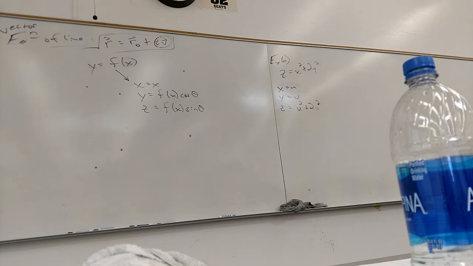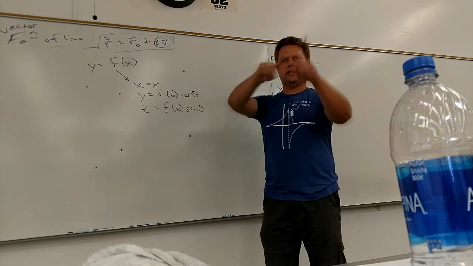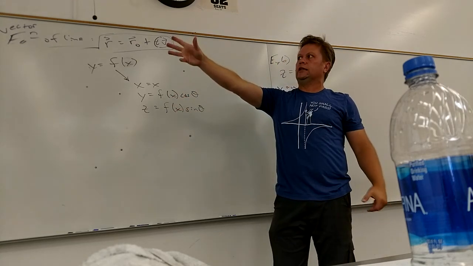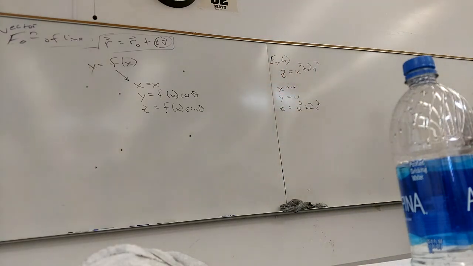Whatever function I want. So if I want sine x and I want to rotate that, I put it here and here. So now I want to rotate e to the negative u squared, or e to the negative x squared. That's nifty. And then you can play around with it.